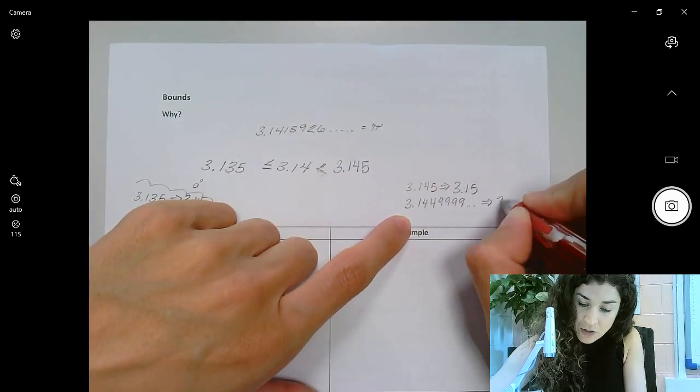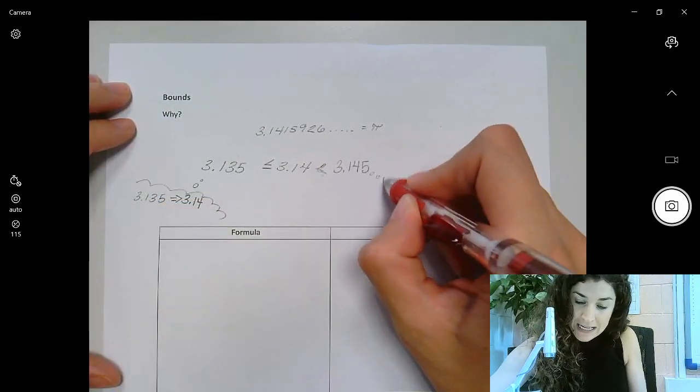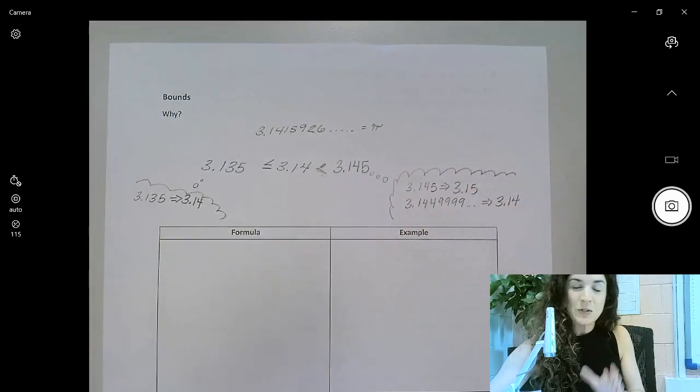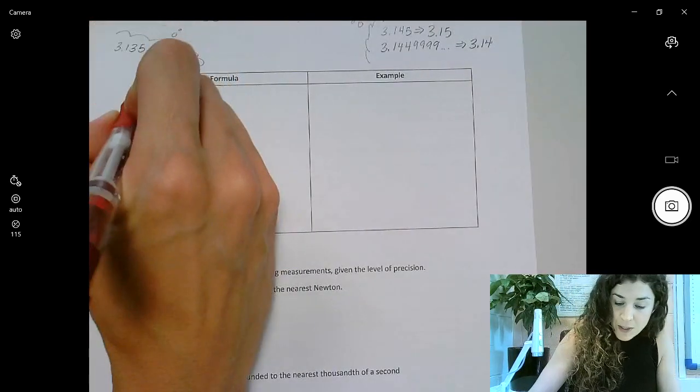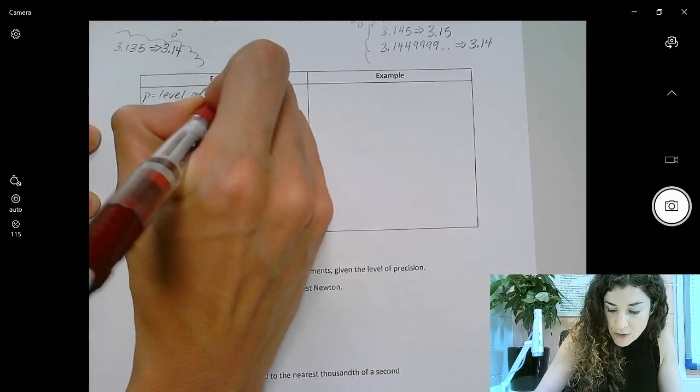That would then round to 3.14. So that is included in this neighborhood. And so that's the general idea of bounds. So we have a formula for bounds. It deals with P, and P is what we call your level of precision.